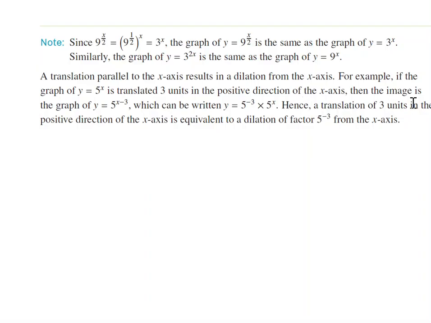Hence, the translation of 3 units in the positive direction of the x-axis is equivalent to a dilation of factor 5 to the minus 3, which is 1 on 125, from the x-axis. So I'll try and show that a little bit better.